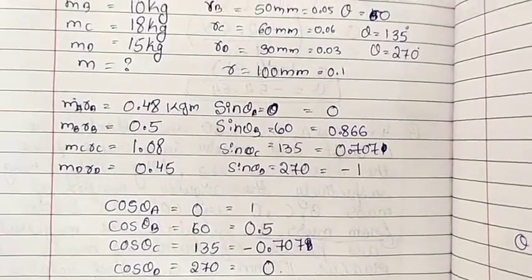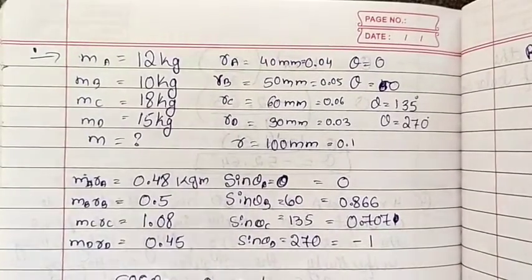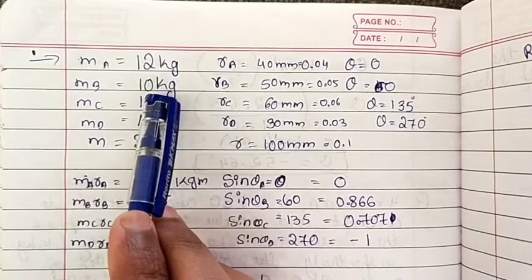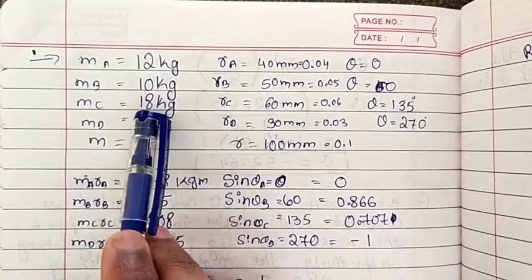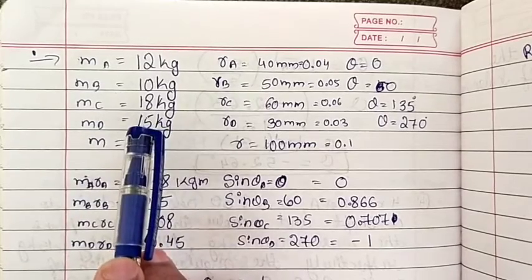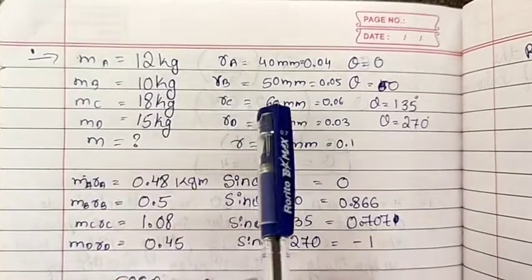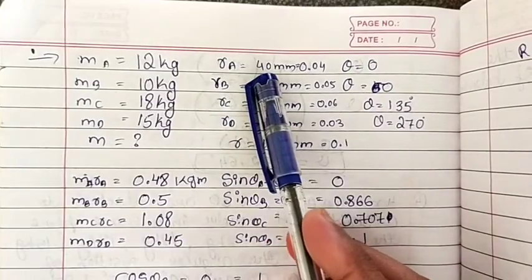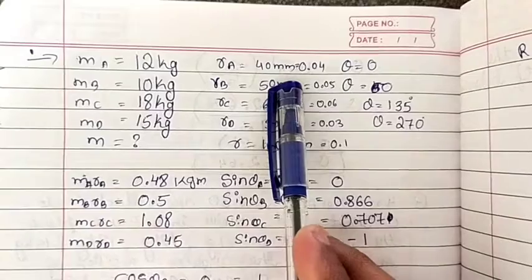So first we will write what all the masses are. MA is 12 kg, MB is 10 kg, MC is 18 kg and MD is 15 kg. These are the four masses and their radii are given. Radius is 40 mm, but we want it in meters.